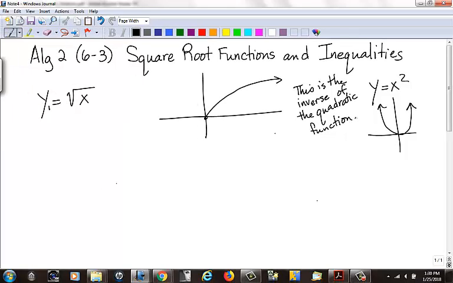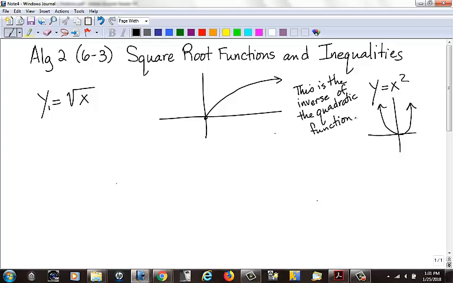Now, to make this a little bit better, I want to change the window. We don't need all of this on the left. So let's change our x min to -2, and let's change the y min to -2. Just go to window. And I really don't need that y max either, do I?